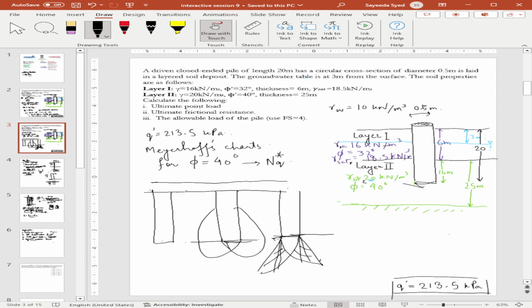There is a plastic zone here. This is the elastic zone.